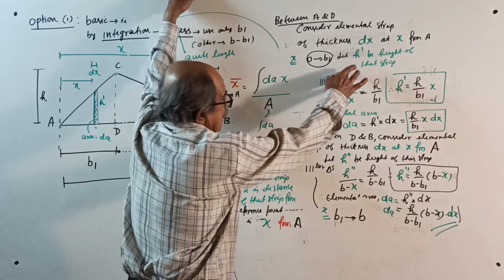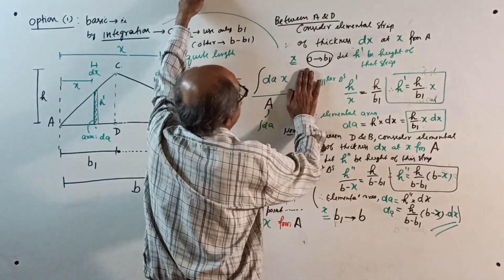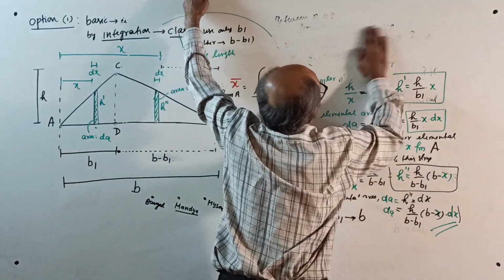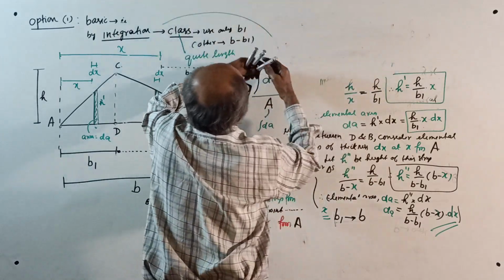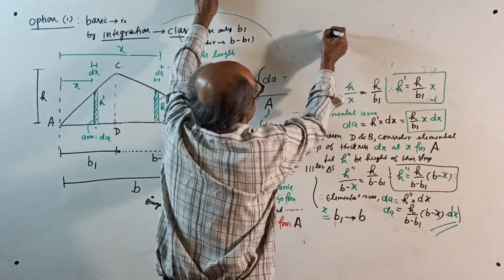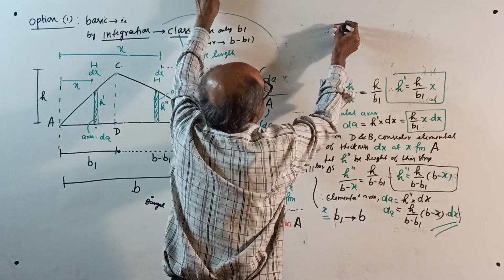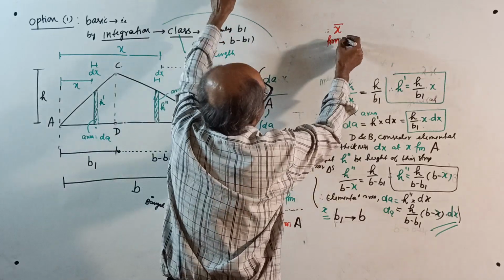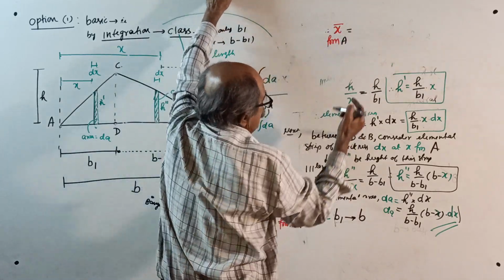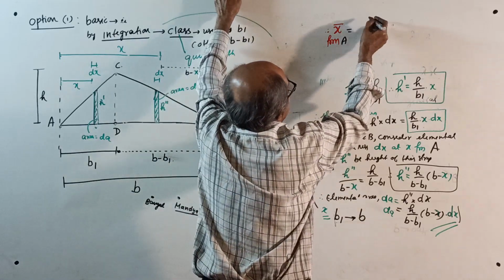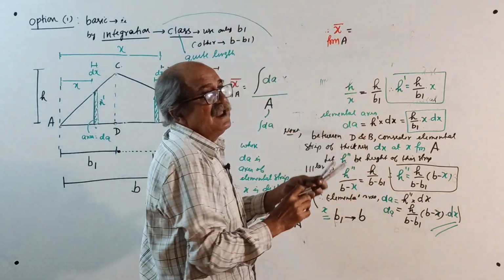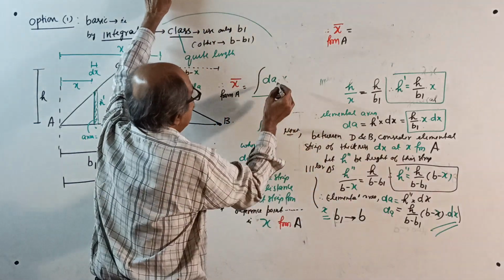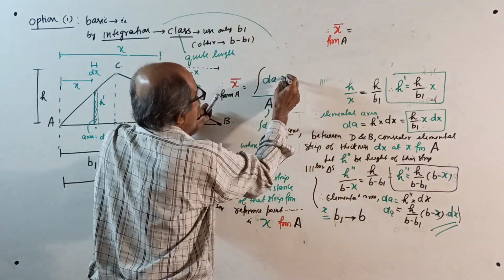Now I will remove this and write somewhere here. Therefore, the final answer. The conclusion is x bar from A equal to, I told the formula already, integration of dA into x.